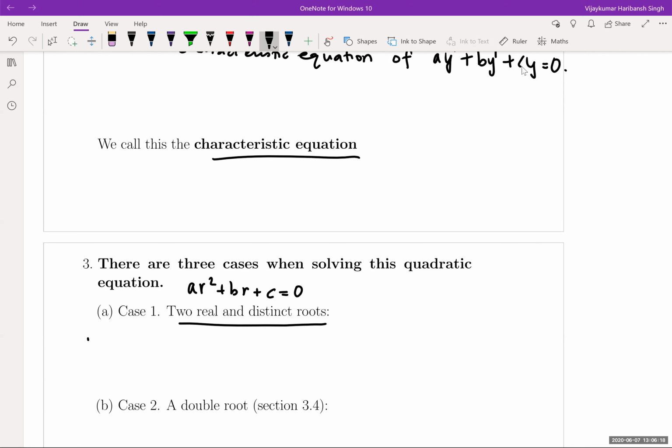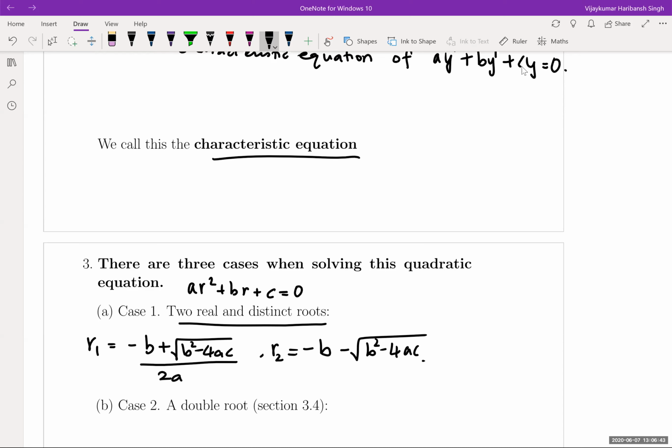In that case, you will have r1 equals minus b plus or minus square root of b squared minus 4ac over 2a. Since there are two solutions, let's call one of them r1 with the plus sign, and r2 equals minus b minus square root of b squared minus 4ac over 2a.